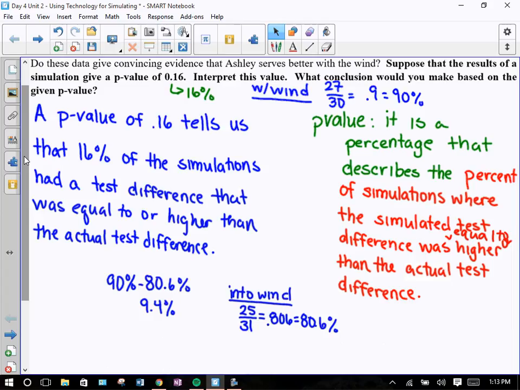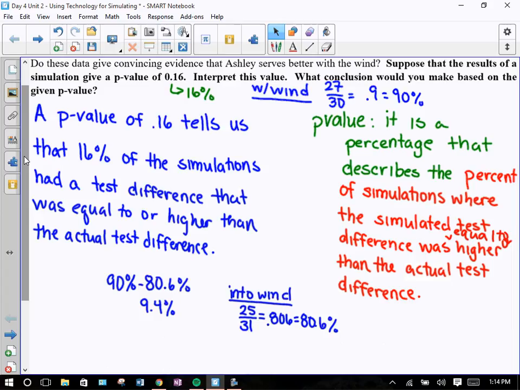Our p-value is between 1% and 5%, so it can be equal to 1%. And above 5%, greater than or equal to 5%. So those are our guidelines.